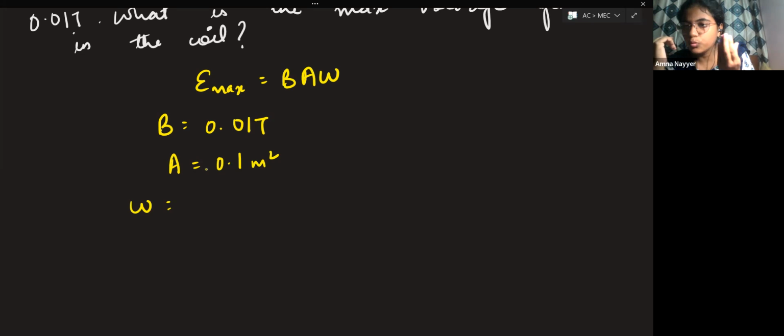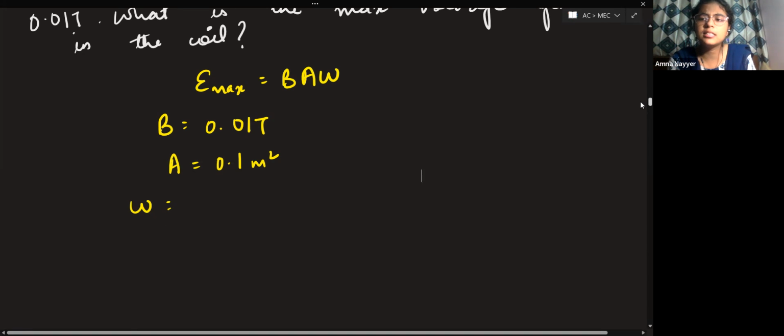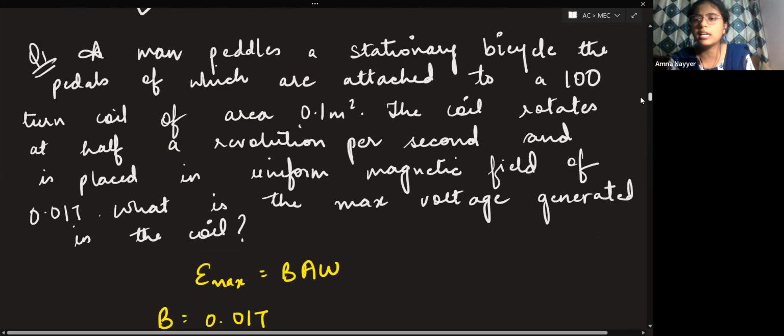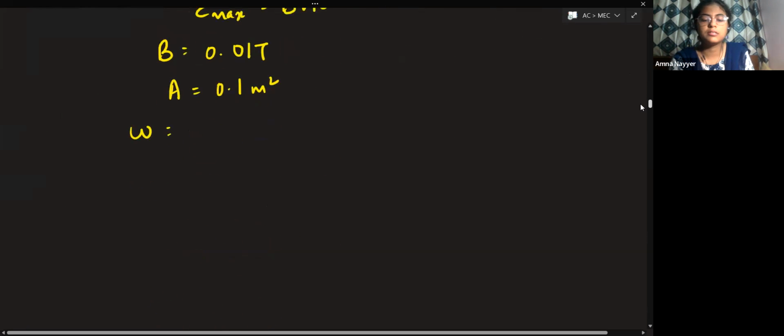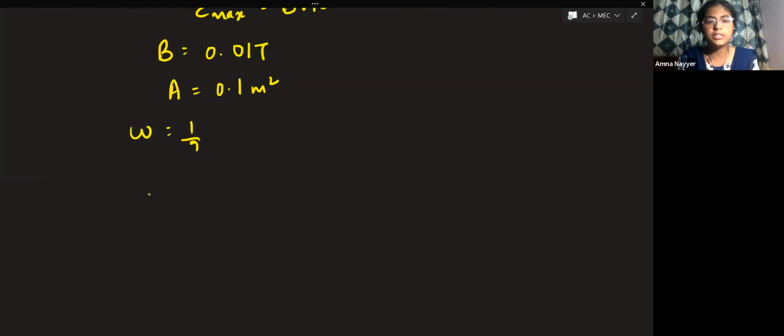Revolution per second means something that is moving, divided by time. Revolution means the displacement covered in angular terms, so this is the angular velocity. This connects to rotational dynamics, which you must have studied in class 11. Omega is given as half a revolution per second.